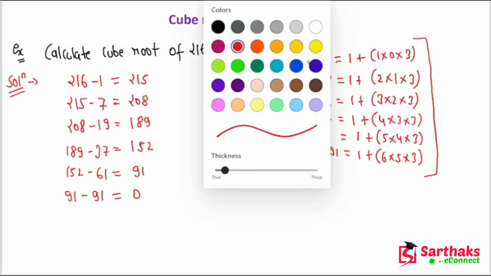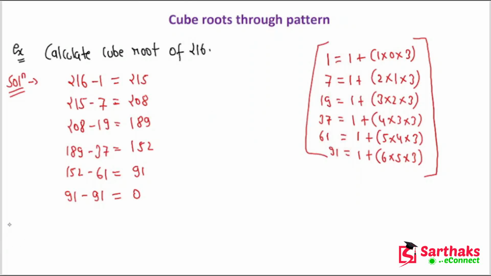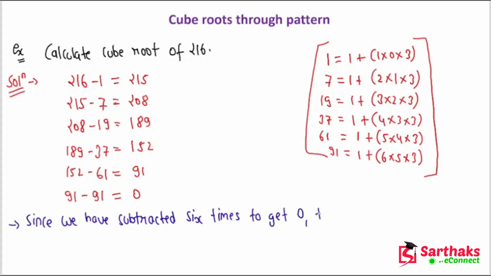Okay. So according to the method, since we have subtracted 6 times to get 0, therefore cube root of 216 would be 6.